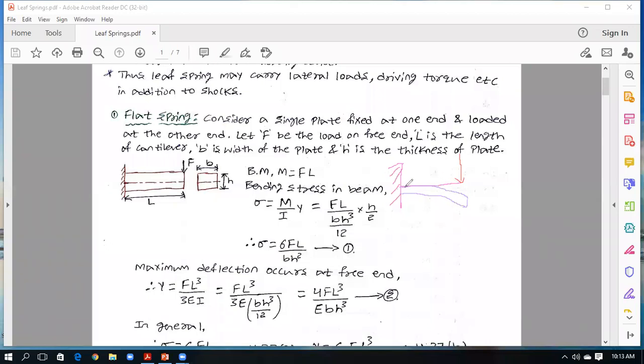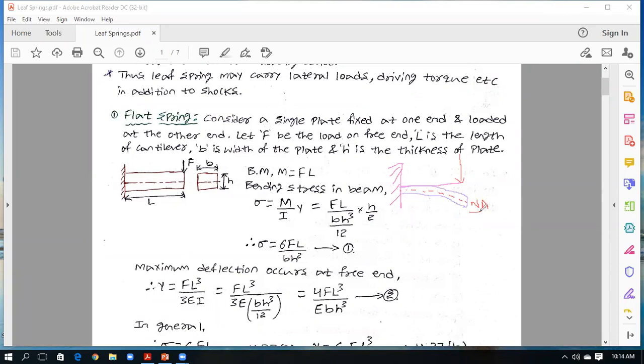So the top fibers are subjected to tensile, whereas the bottom is subjected to compression. This neutral axis is denoted by N A. But when you take the fiber at the neutral axis, that fiber is neither subjected to tensile nor to compression. That axis is called the neutral axis. As the name indicates, it will be neutral.